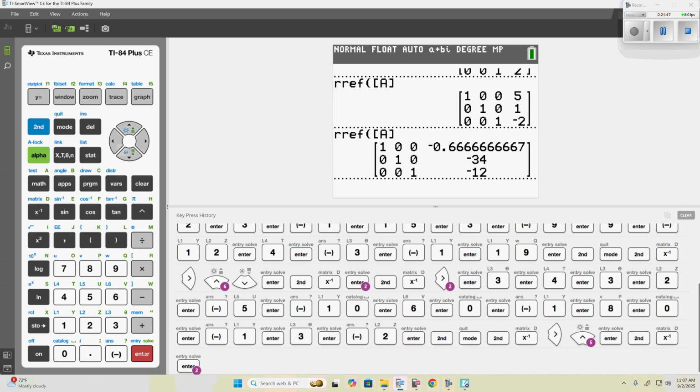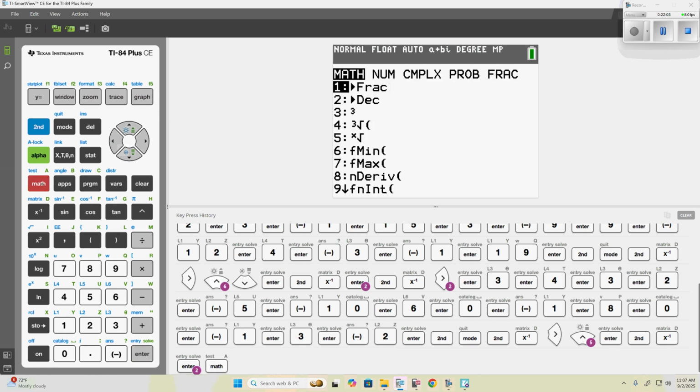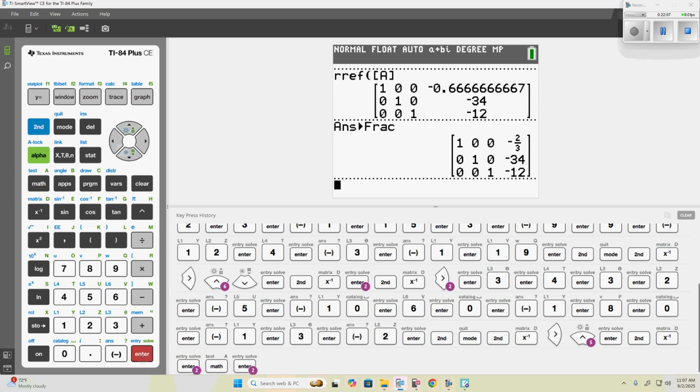Yes? Now, if we notice one of these numbers is in a decimal, the others are in integers, yes? Now, there's a way to convert from decimal to fraction. We're going to hit math. You notice the first one is FRAC, it's telling it to go to fraction. Enter, enter. We'll convert everything from decimals to fractions.